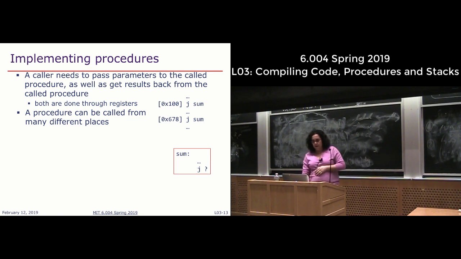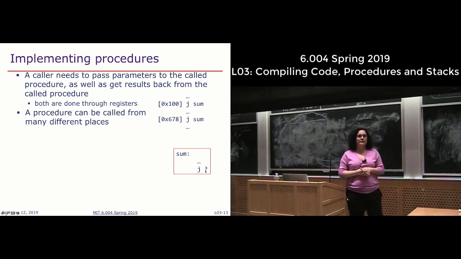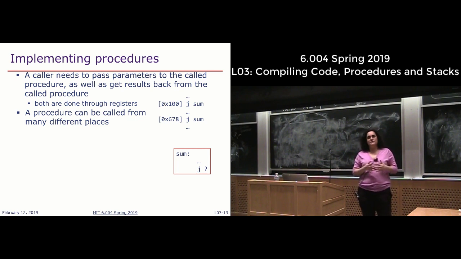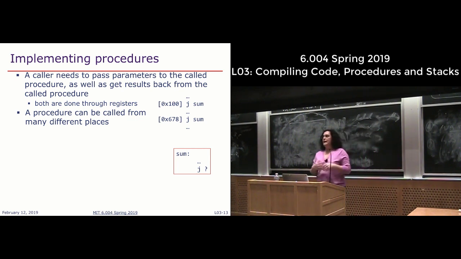But what happens when I'm done with sum? I somehow have to get back to whoever it was that called me, right? And so with just what we've done so far, we don't have enough information to be able to actually continue executing our code where we left off.